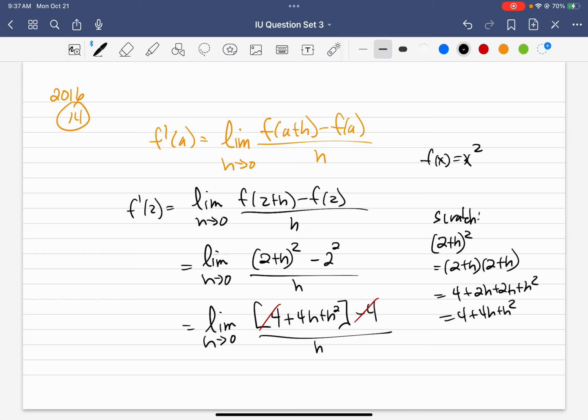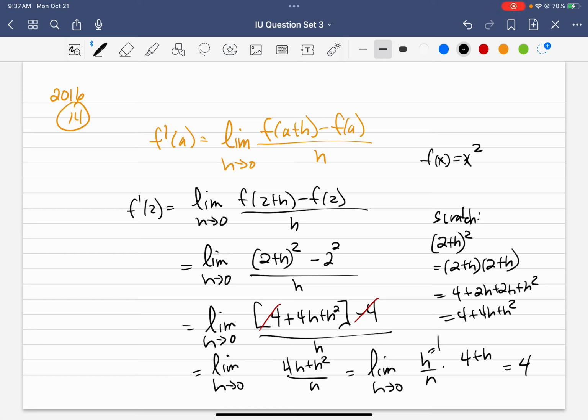These cancel out, and we end up getting this. Limit as h goes to 0 of, you're going to factor that out. So since that's equal to 1, this ends up going to 4.